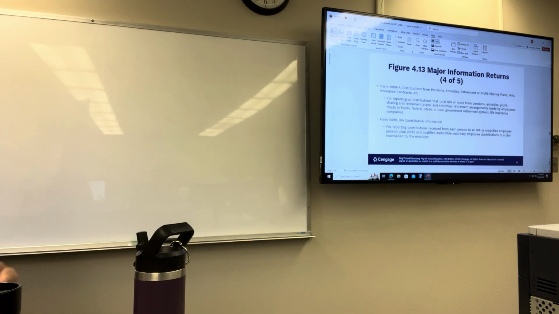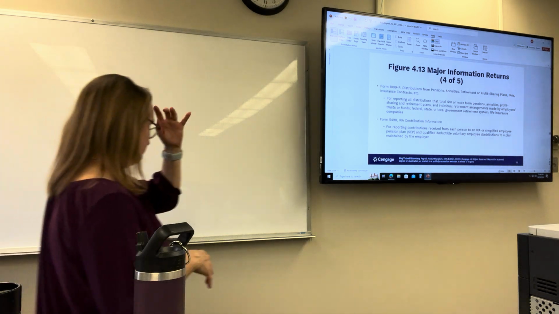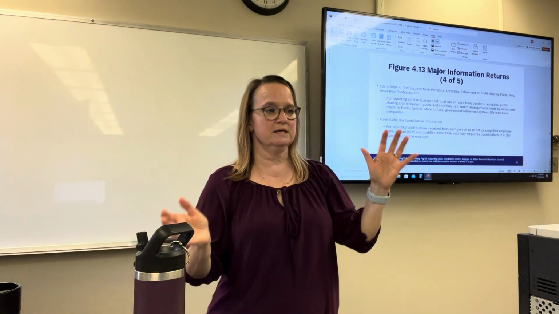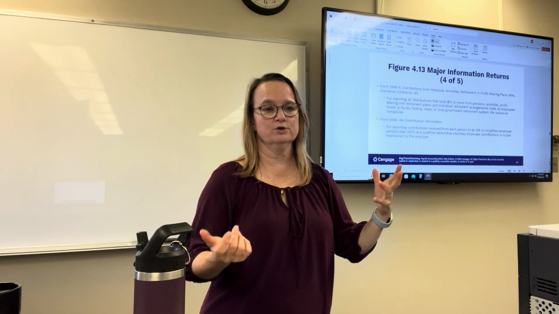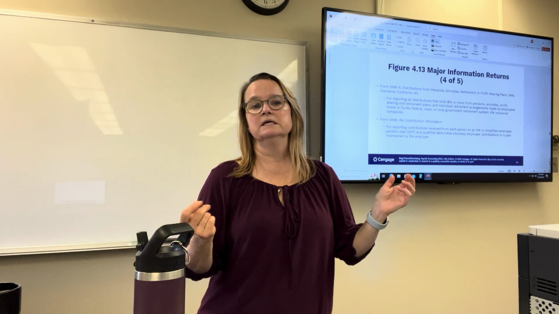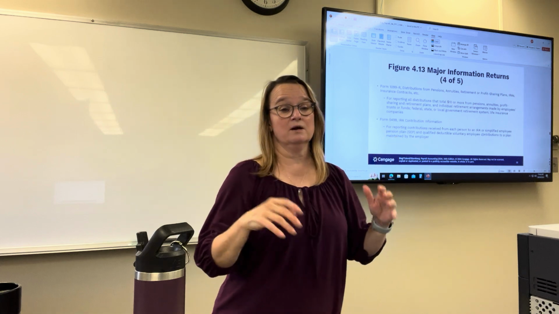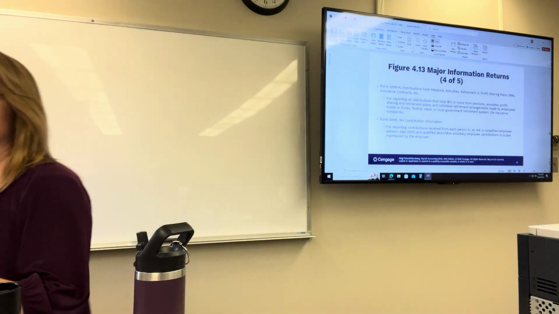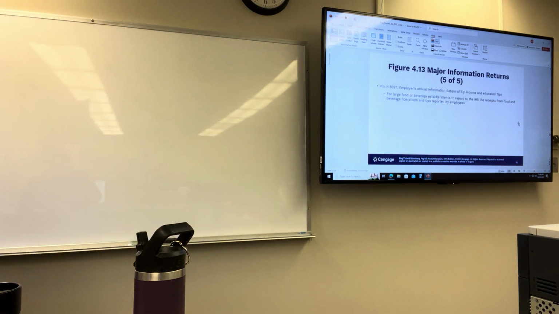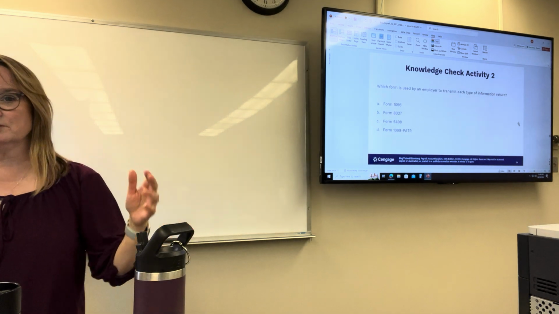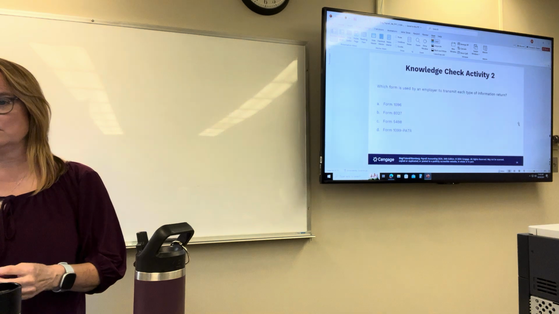If 100 different payees received dividends during the year, and you had to file 100 1099-DIV forms, you would have to summarize that on what's called a 1096 form. And if you also paid interest, you would have a separate 1096 form to summarize all the interest payments that were made during the year.